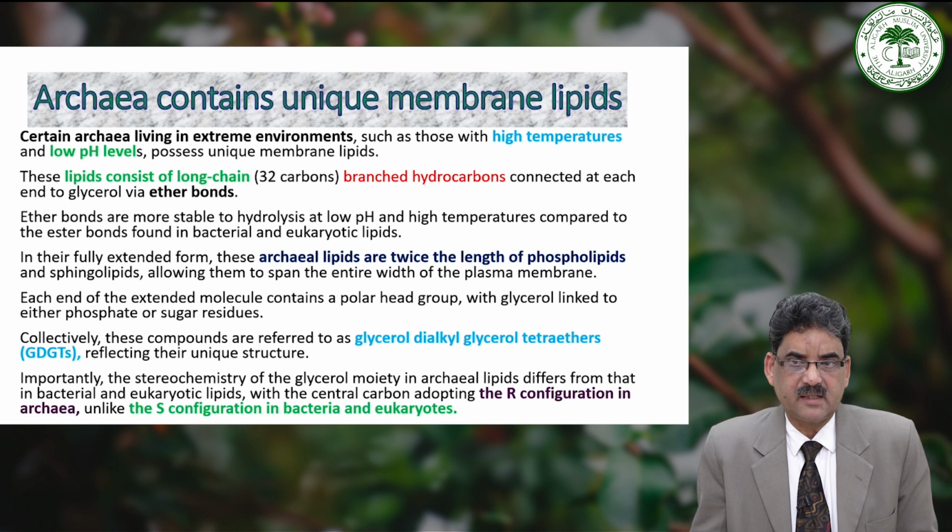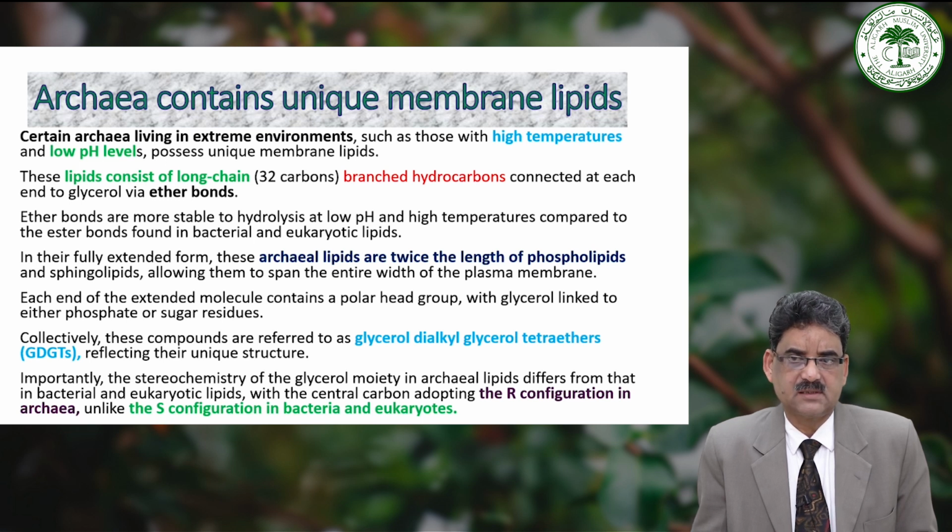There are certain bacteria and archaea inhabiting extreme environments characterized by high temperature such as boiling water, low pH levels, and high ionic strength, that possess membrane lipids with distinctive properties.